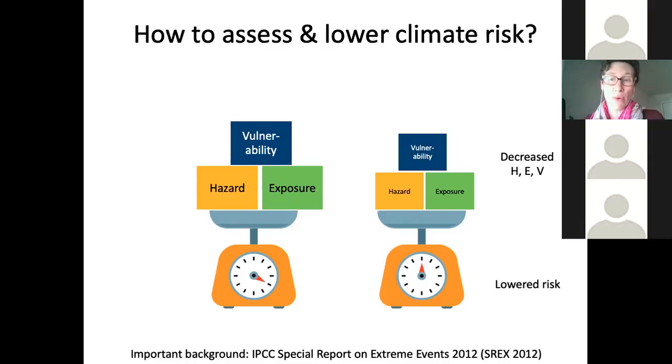And it's also really important to avoid double counting certain factors as part of that. I'll show you in a moment how in our Alaska vulnerability assessment, we used related but slightly different measures. And really what we think about is, we want to minimize these three items, vulnerability, hazard, and exposure, which is what's shown on this slide. But there's another way to think about lowering risk. Next slide, please.